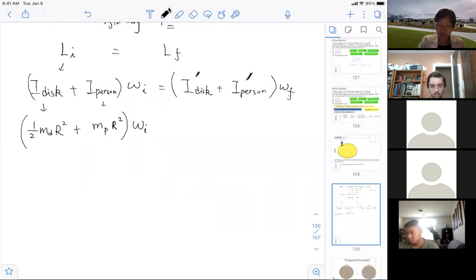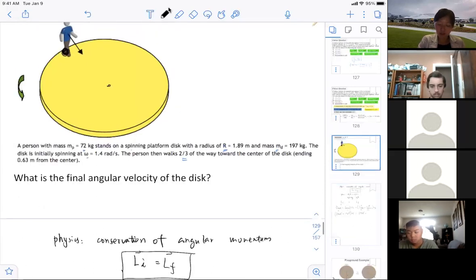Okay, so now let's look at what happens after the person walks closer. Well, that doesn't change anything about the disk. So I prime is still the same as before. So you can simply put 1/2 M_D r squared again for the disk. What has now changed is the person. The person now walks 2/3 of the way forward.